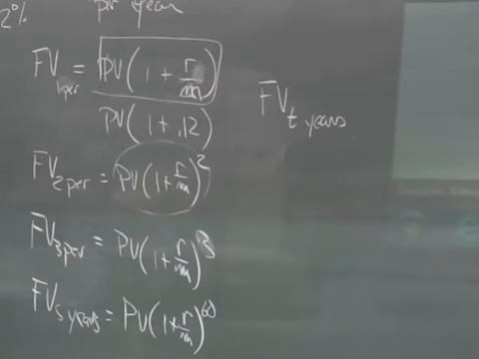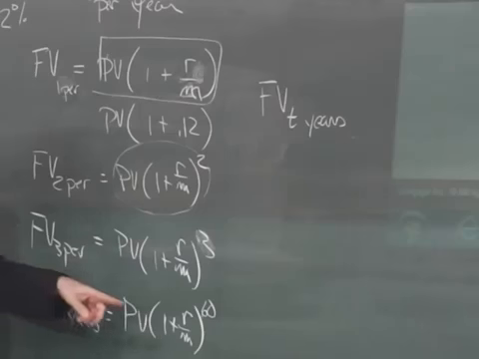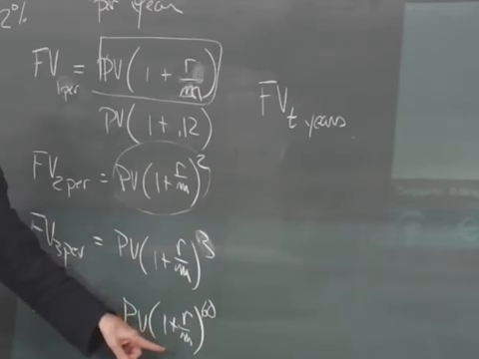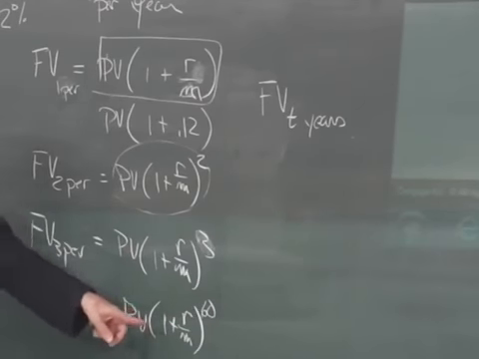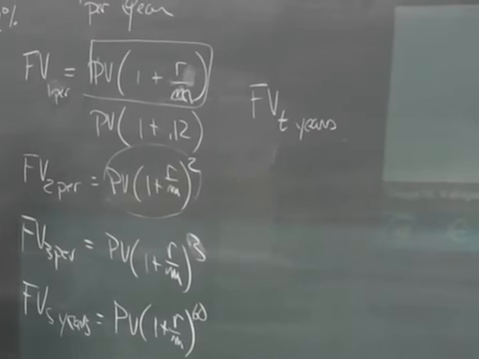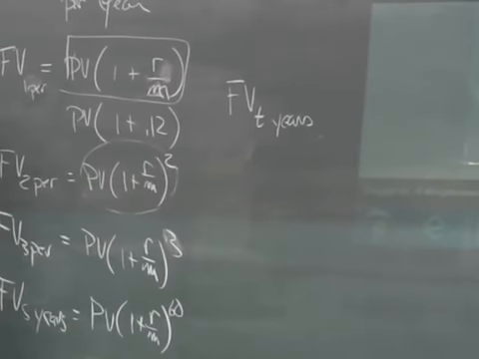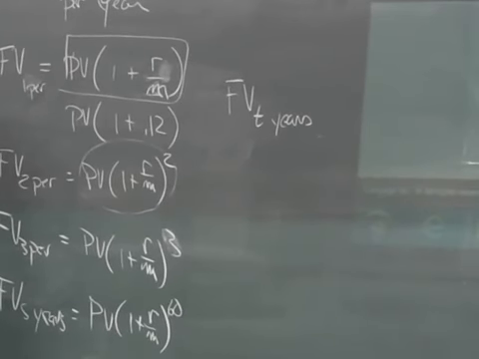Okay, FV for t years. We just did it for 5 years. What did we get? 1 plus R over M to the 60. Where does the 60 come from? 12 times 5. But what was the 12? What was the symbol for 12? M. And what is the symbol for 5?